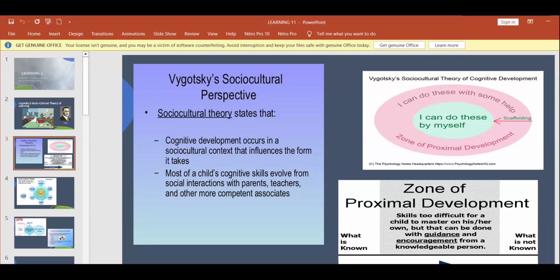That is what Vygotsky has said, because our environment, our culture facilitates our learning. We learn a lot from our surroundings, from others. So when you apply that to the classroom setup, you can organize pair work and group work for them to work with the MKO, more knowledgeable other.